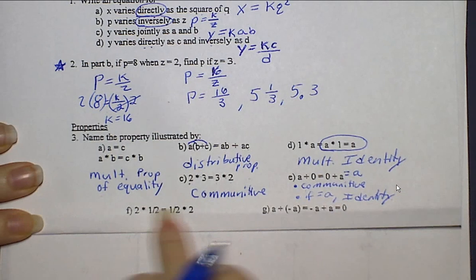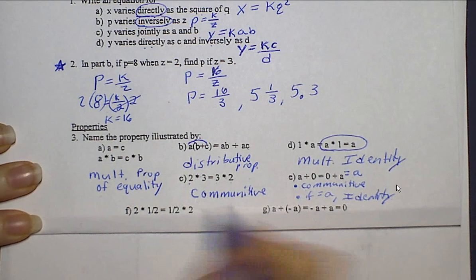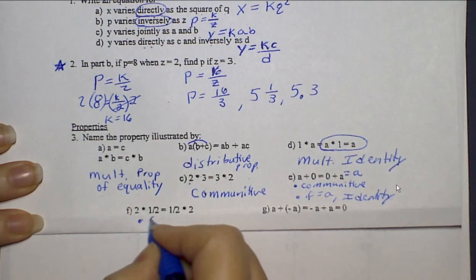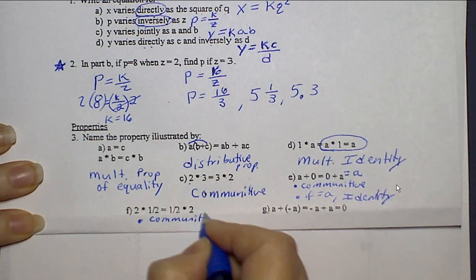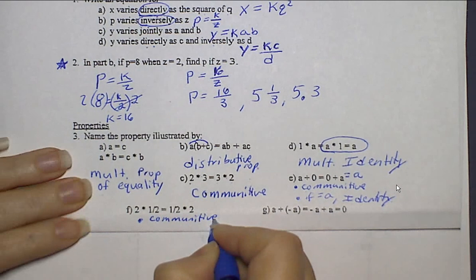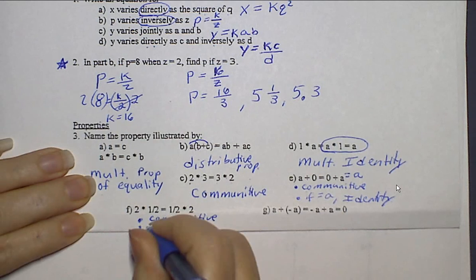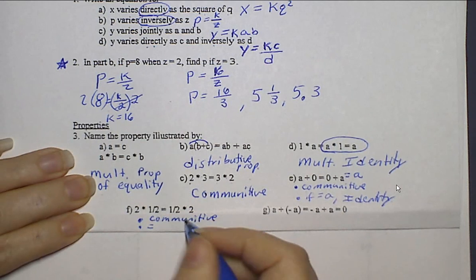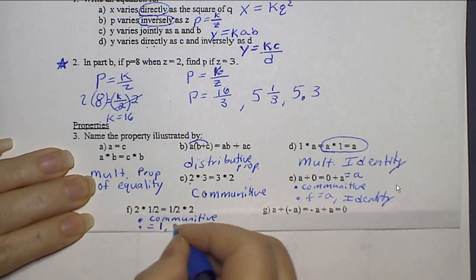So on F, it says 2 times 1/2 equals 1/2 times 2. Well, that's just commutative, right? But then, if it said that this equals your 1, then it becomes your inverse.